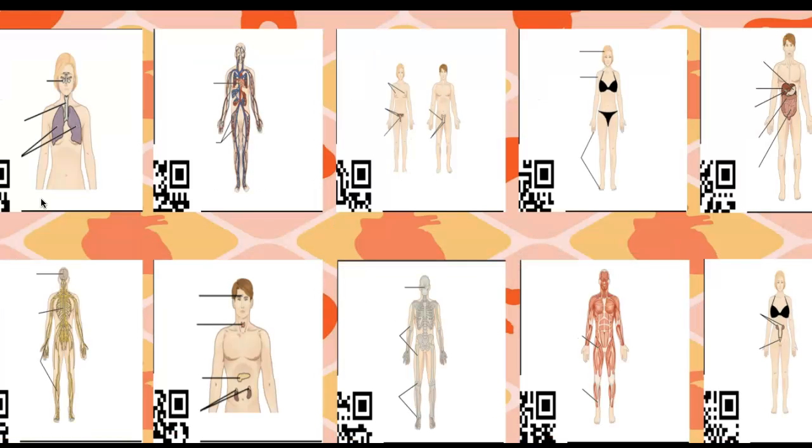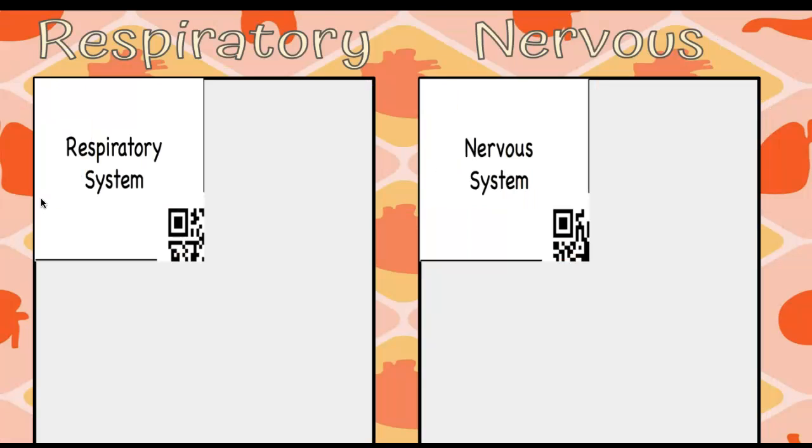Here are your pictures that will even out your QR codes, and they will make a QR code that you can scan to see if you're right. So if you look, there are 2 systems per slide, and we've already placed the system name on the slide for you. All you have to do is drag the rest onto the slide.